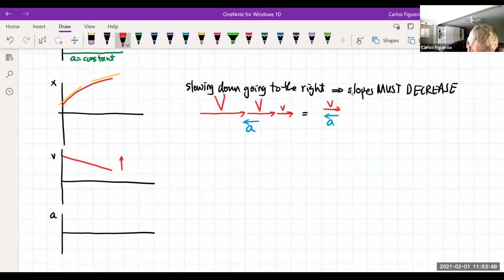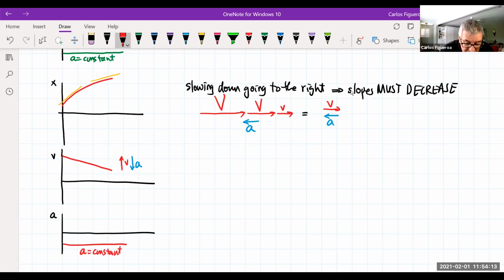So I'm seeing that my velocity and my acceleration are in opposite directions. I'm going towards a lower value. And when I look at my acceleration, it clearly states that it must be a constant negative acceleration.